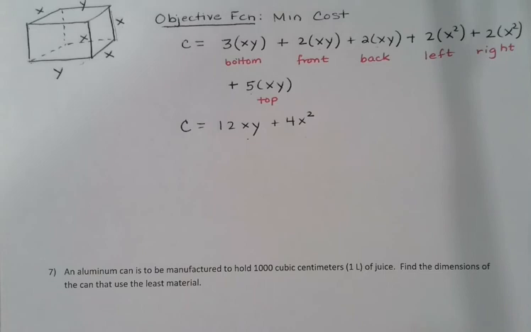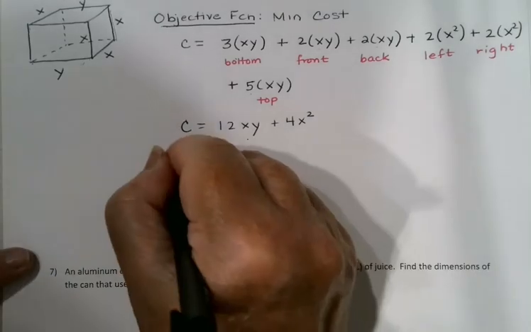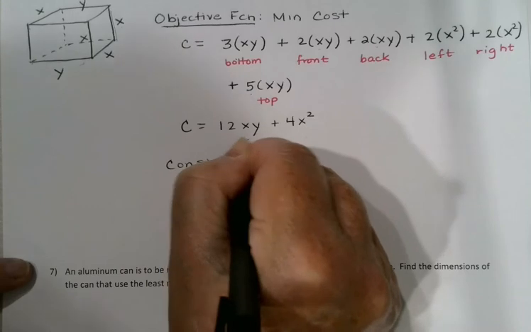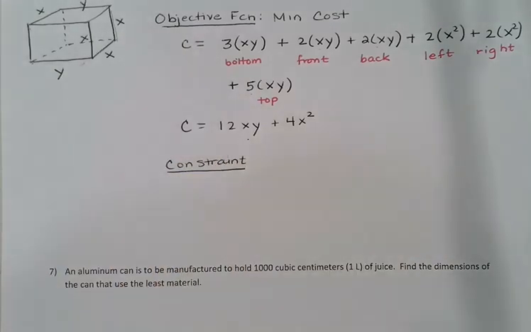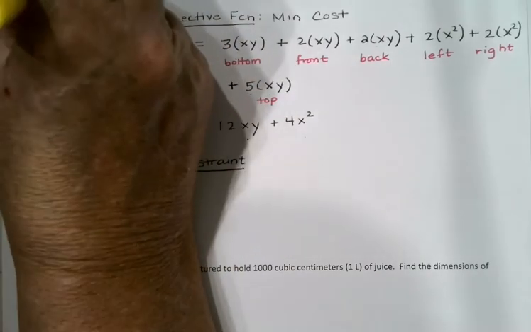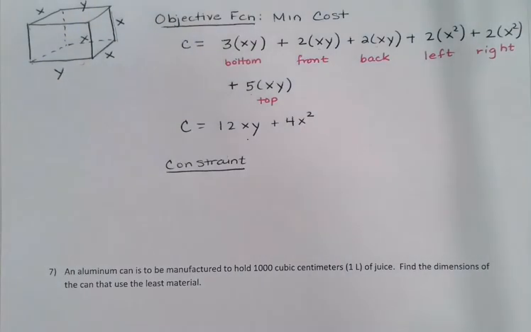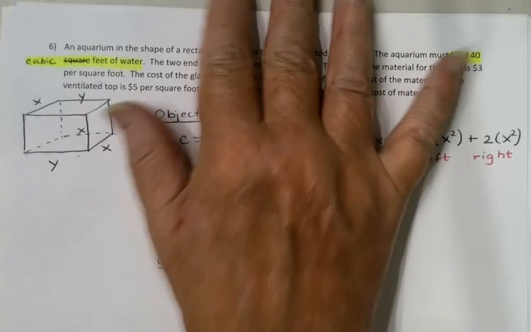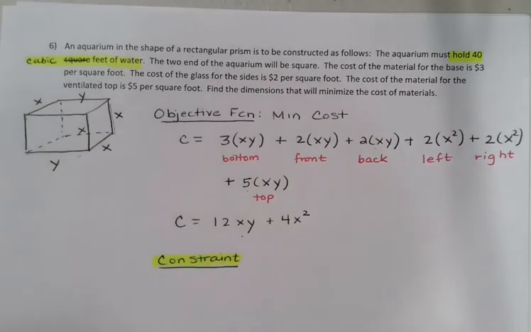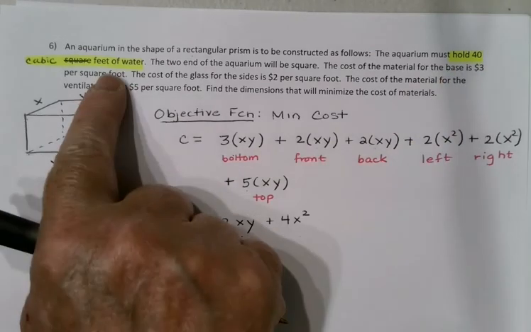And the piece of information that I haven't yet used, if you look back in the problem, was the one I messed up, actually. We have to hold 40 cubic feet of water. So that's really saying that the volume of my aquarium is 40.